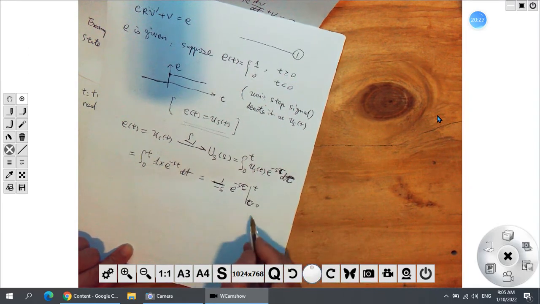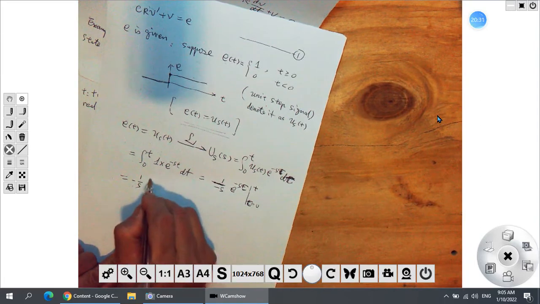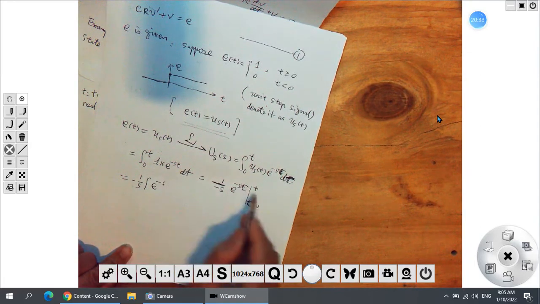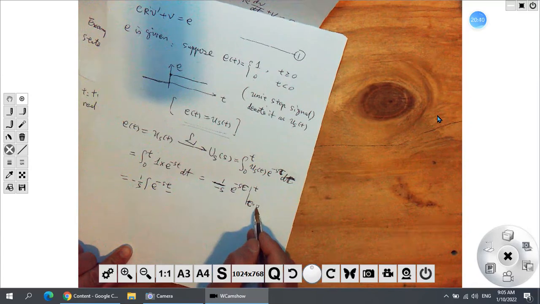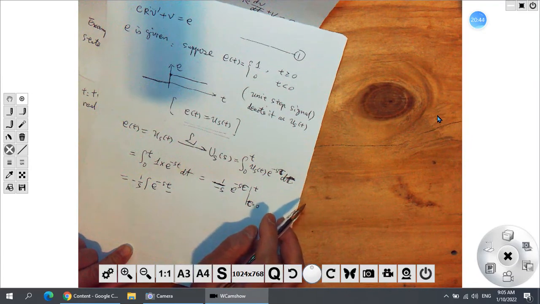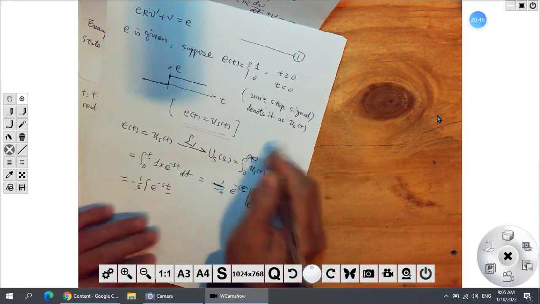Then plug in. It is negative 1 over s times e to the negative s t minus this is 0. Okay, I think I got something wrong. Laplace transform. Oh, there's no t. This is infinite. It's my fault.